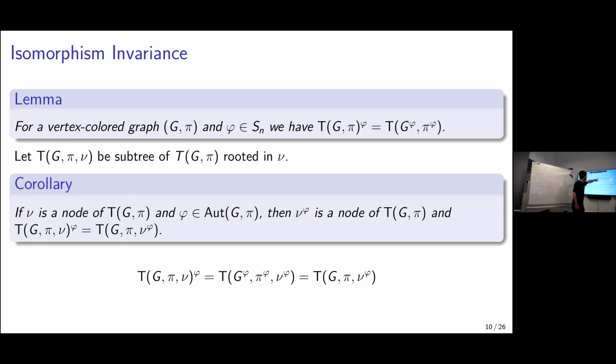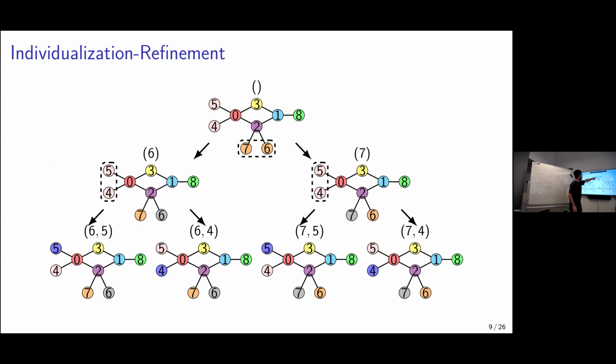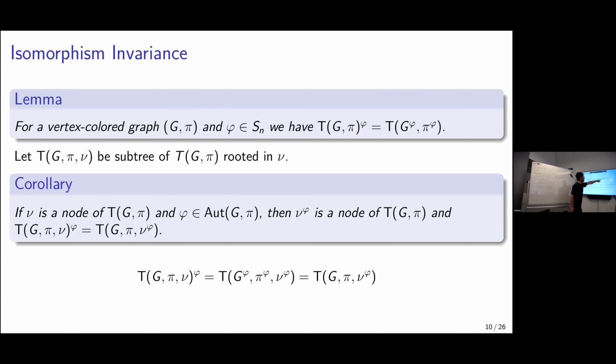Now we apply a permutation to the tree. What does that mean? That means we rename all of these vertices. So the vertices in the tree are the sequences, and applying a permutation to it, in my view, just renames these sequences according to the permutation. Now that must be the same as making the tree from the permuted graph to begin with.